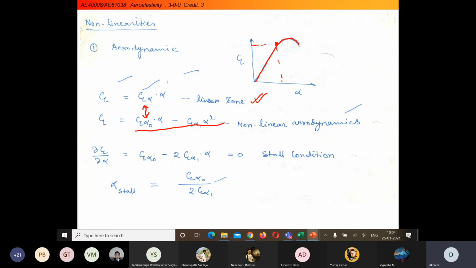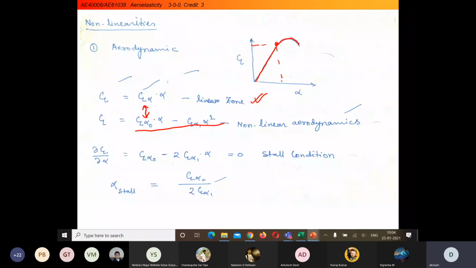I have used CL naught just to differentiate linear and nonlinear terms. This CL alpha 1 is the nonlinear slope of the lift versus angle of attack curve, but it varies quadratically.